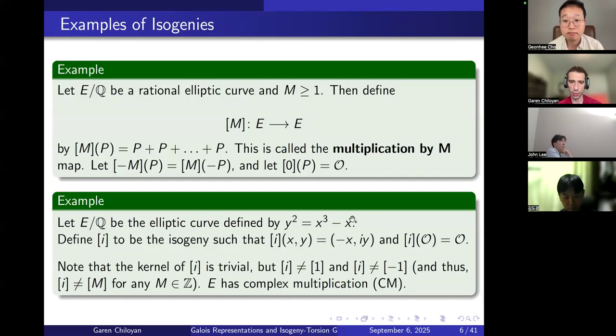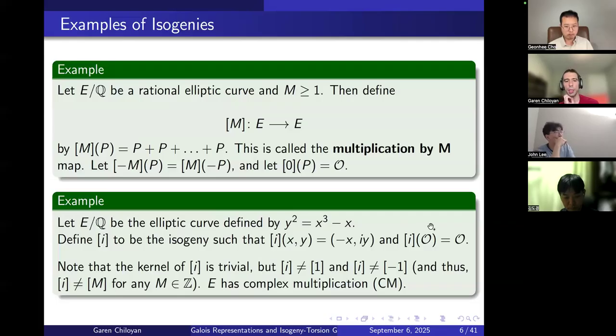A little bit more interesting is, let's say E is the elliptic curve y squared equals x cubed minus x. Let's say I is the isogeny that maps a point (x, y) on E to the point (negative x, iy), and it maps the identity to itself.